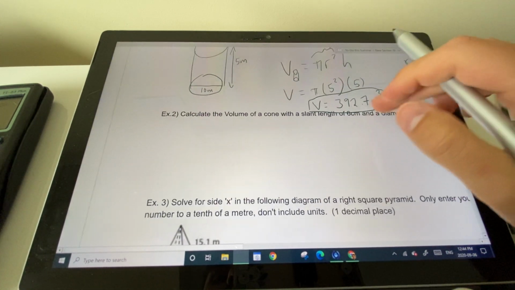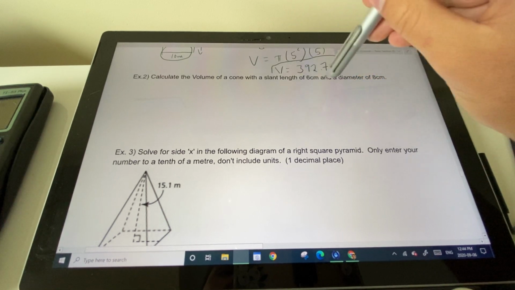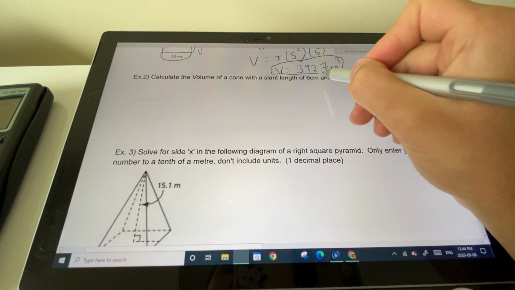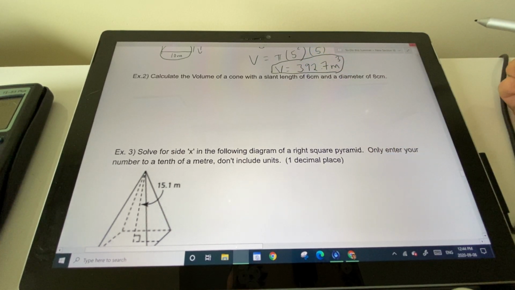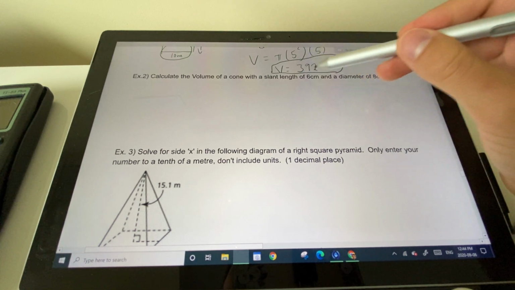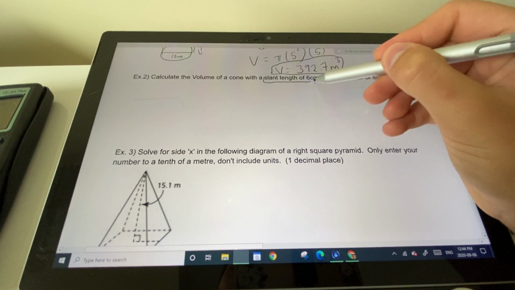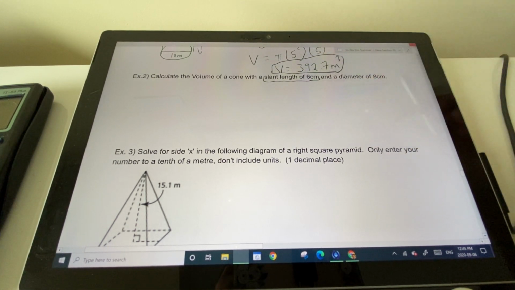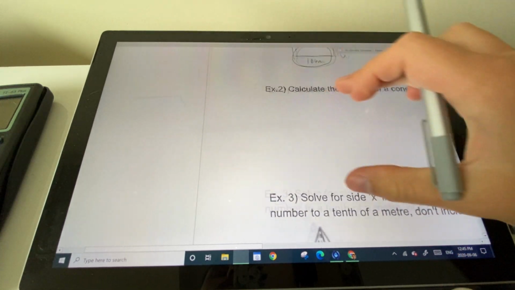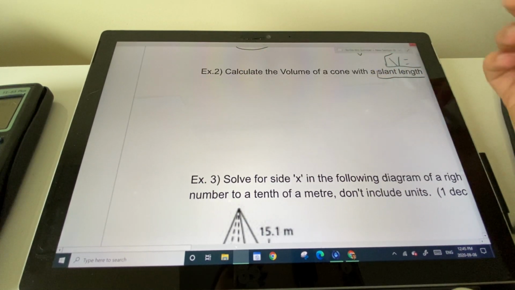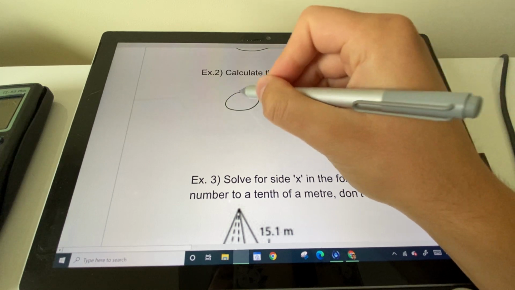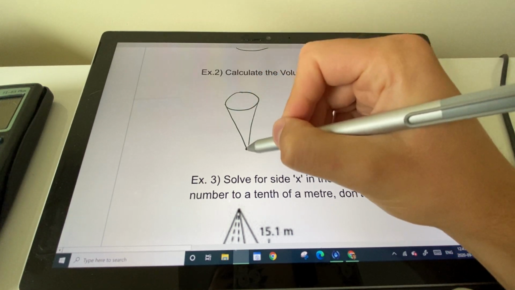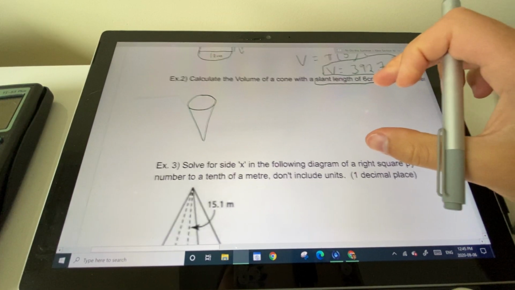So let's go to example 2. Calculate the volume of a cone with a slant length of 6 centimeters and a diameter of 8 meters. Let's draw this first off. The cone looks something like this, and we're talking about the slant length.